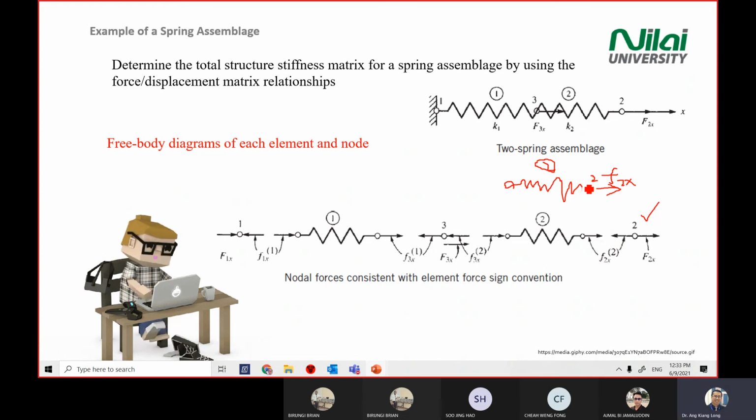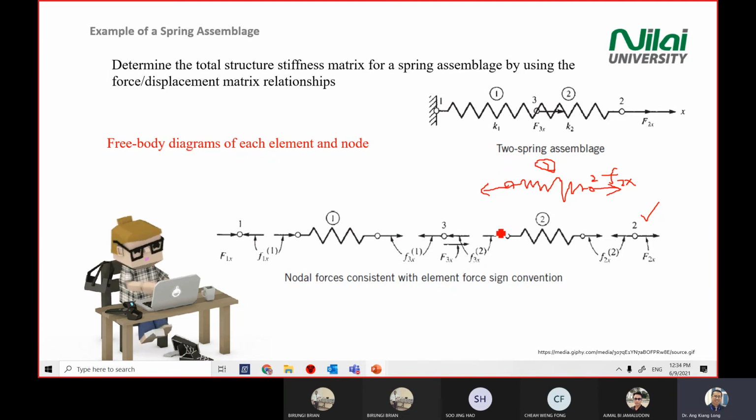Now you continue with element 2. You have one more side on the left. So this element must balance. You are pulling on point number 2 here to the right, so it must balance. There is another force to counter the direction, so the direction is pointing to the left.